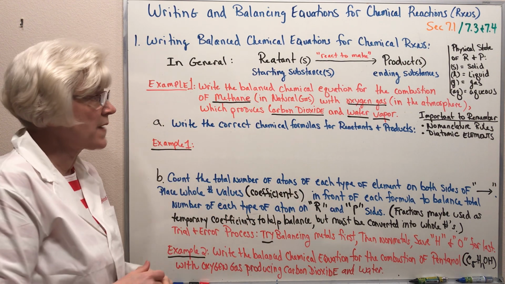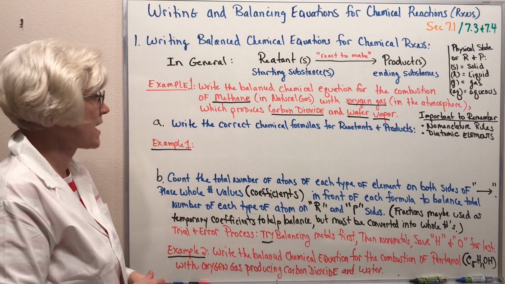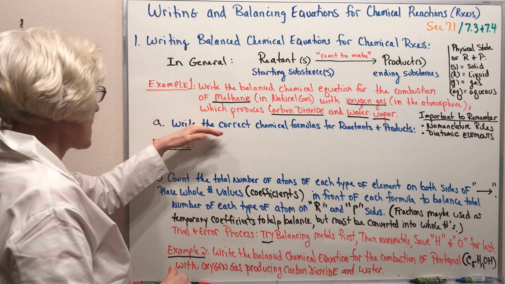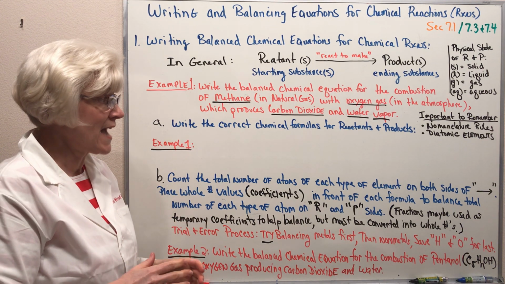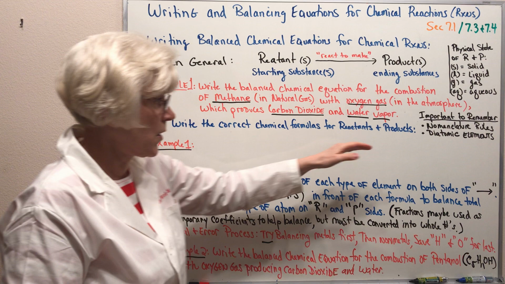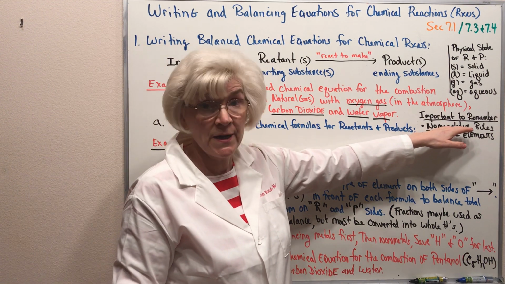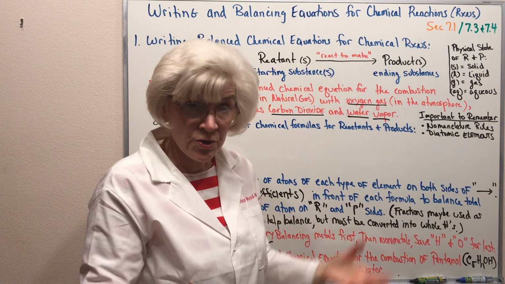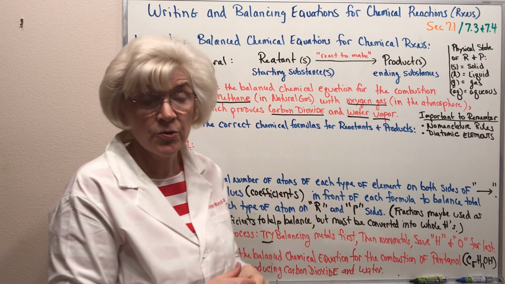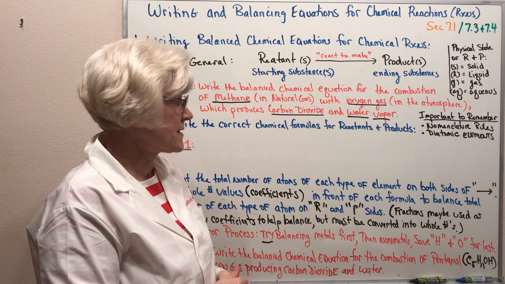So how do we write the balanced chemical equation for this reaction, this chemical change? Step 1 says to write the correct chemical formulas for reactants and products. Right away we see that we need all of those skills and tools we learned with nomenclature, how to write the correct formula for a substance.